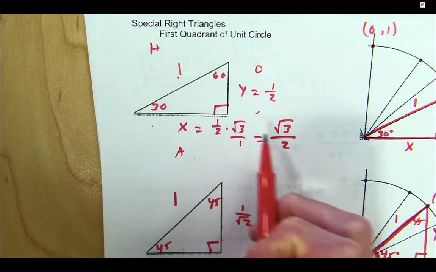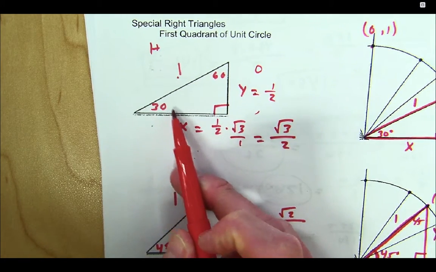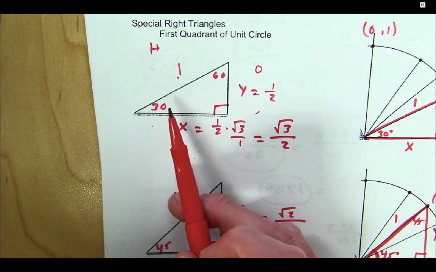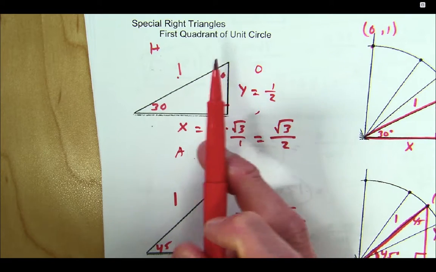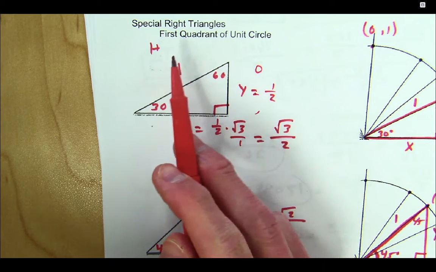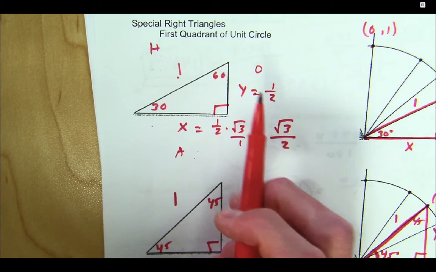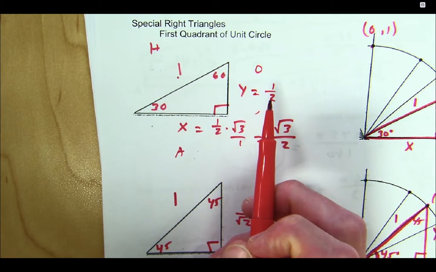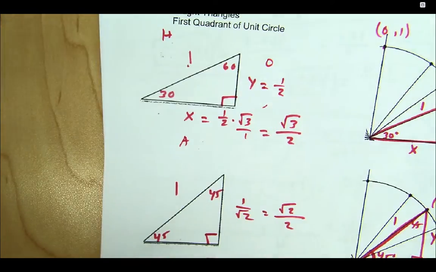So if the cosine is root 3 over 2, then the cosine is just x. And similarly, what would my sine be? Well, sine is O over H, 1/2 over 1. But 1/2 over 1 is just a half. So the sine of 30 is just 1/2, which is my y value.